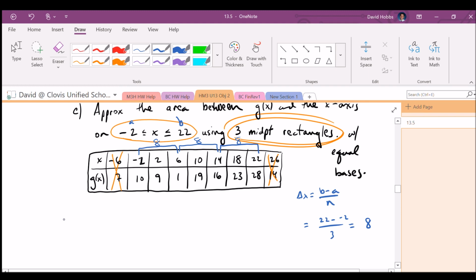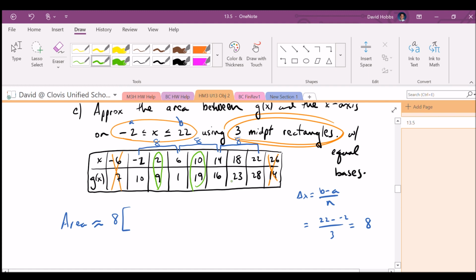Okay, so my area is approximately, okay, now, remember how we have equal bases here? So, all my bases are 8. So, base times height, here's my base, GCF out in front. Now, midpoint. What's the midpoint for each one of these subintervals? Well, from -2 to 6, the midpoint is going to be at 2. From 6 to 14, the midpoint is going to be at 10.